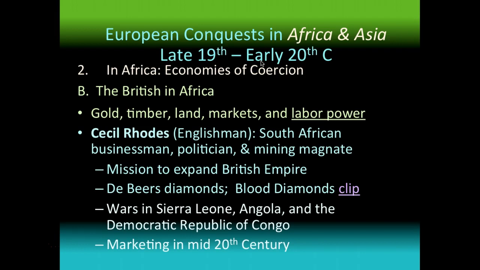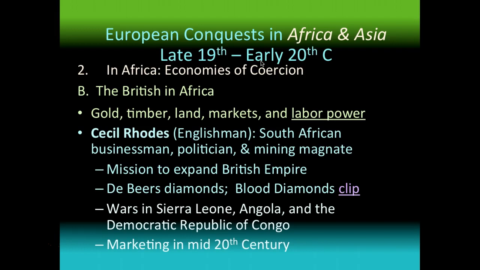Okay. So the British were also in Africa. What a shocker. And in some cases, they also coerced people to work for them. The British wanted gold, timber, lands, markets to sell their goods, and labor power. And Cecil Rhodes is one of those really big names.